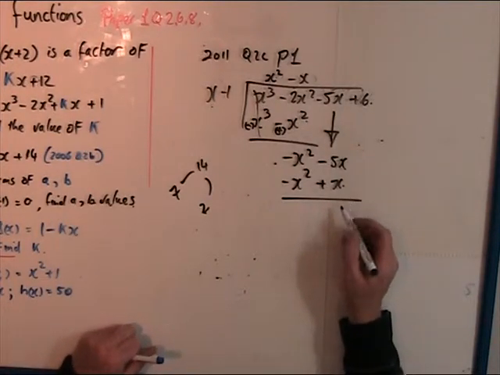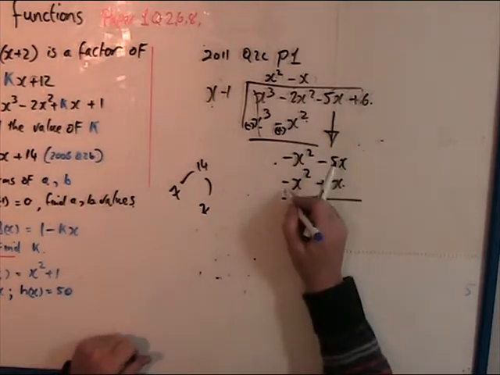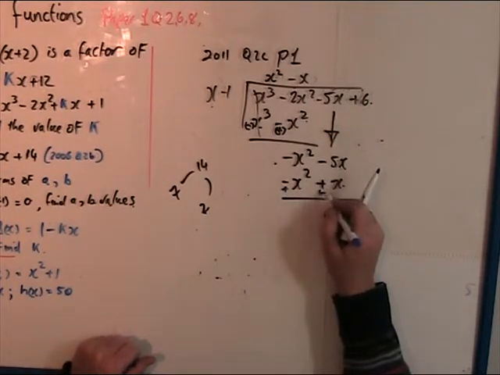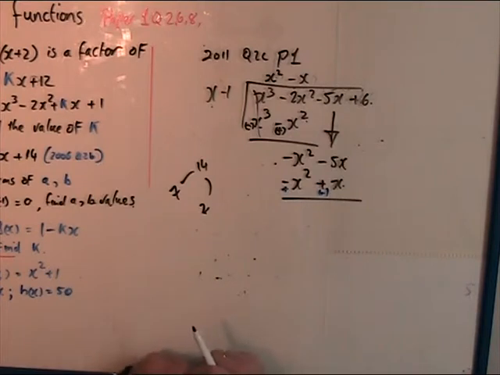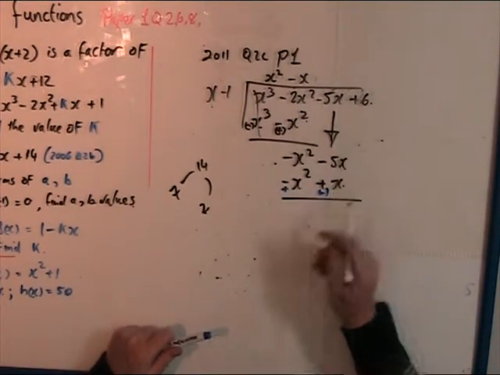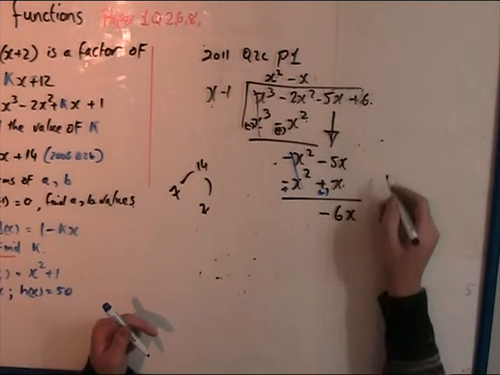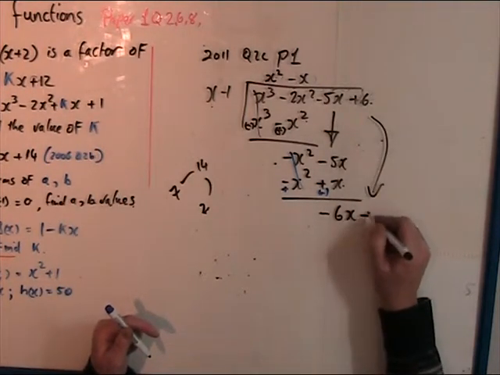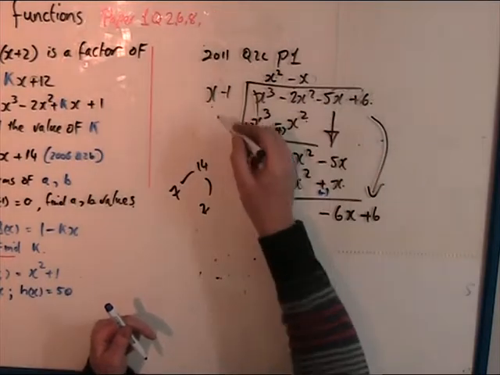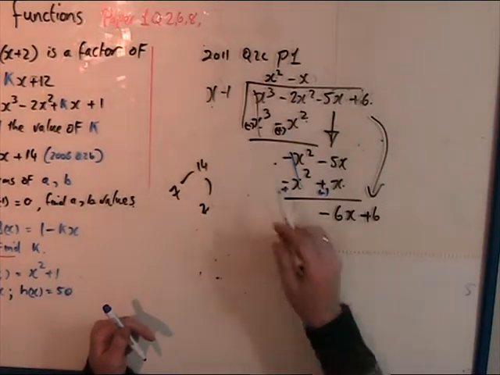1 by x is x. And I change the signs again. This becomes a plus and this becomes a minus. They alternated here. Okay, so they cancel. So this is a minus x, so this becomes minus 6x. I now bring down my plus 6 and I start again. What do I need to multiply x by to get minus 6x?